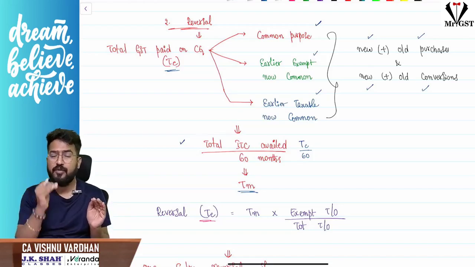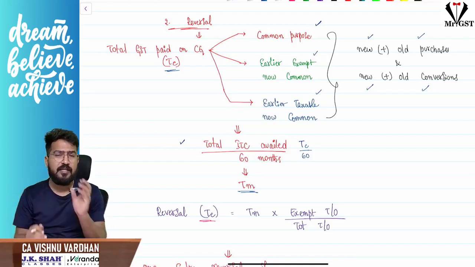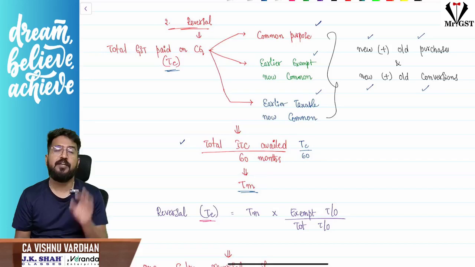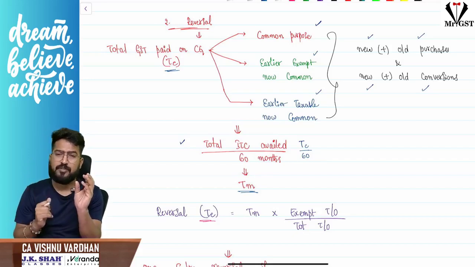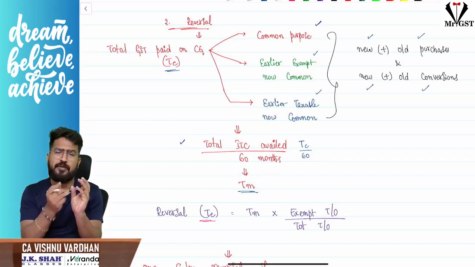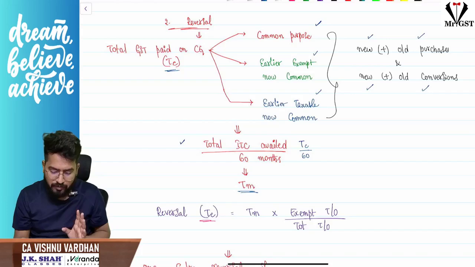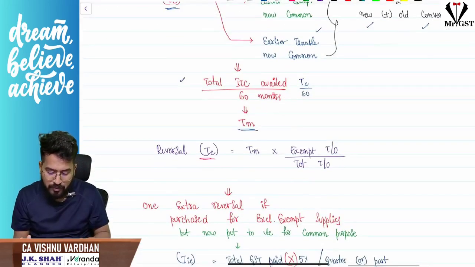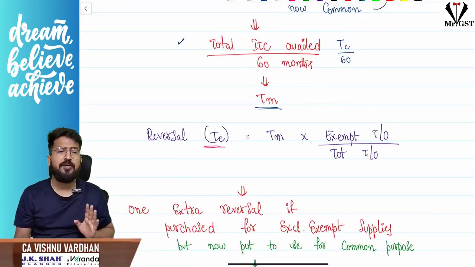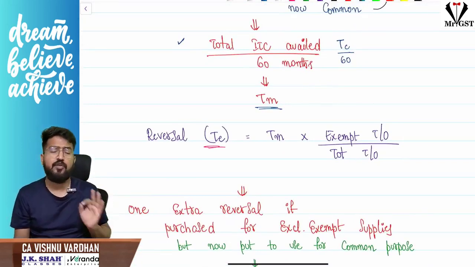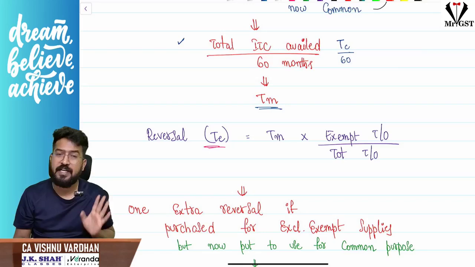Now divide that by 60, and that will give you the common credit for this month. In that common credit for this month, there is a taxable purpose and an exempt purpose also. Whatever is related to the exempt purpose, we have to reverse, correct? So the reversal amount will be that monthly credit into exempt turnover divided by total turnover. That is what we are calling TE.